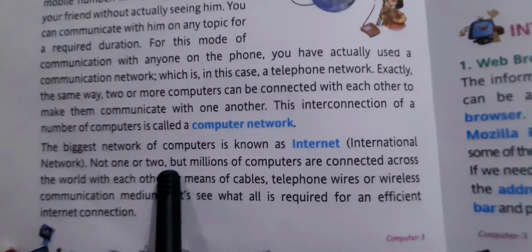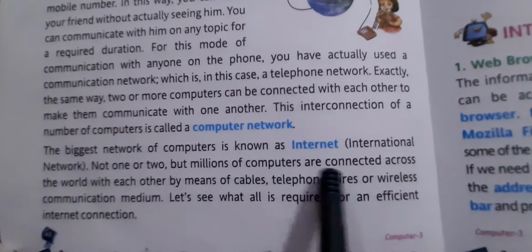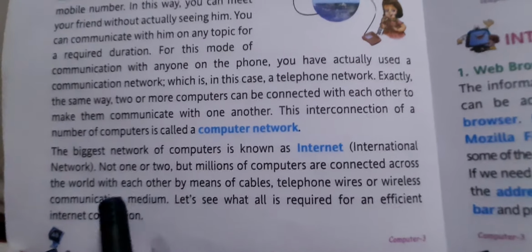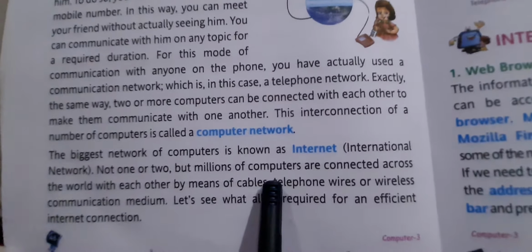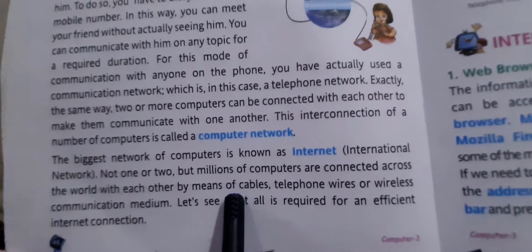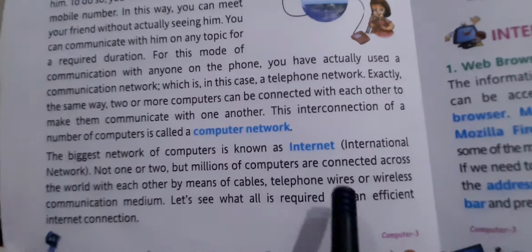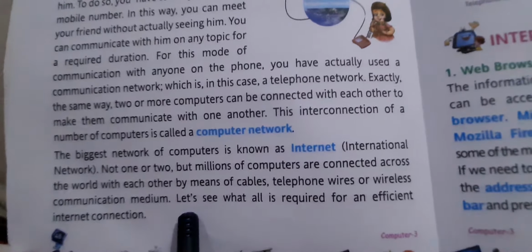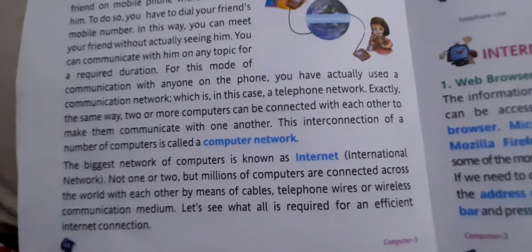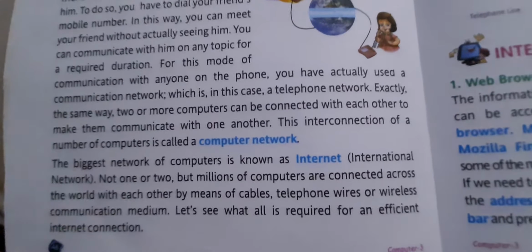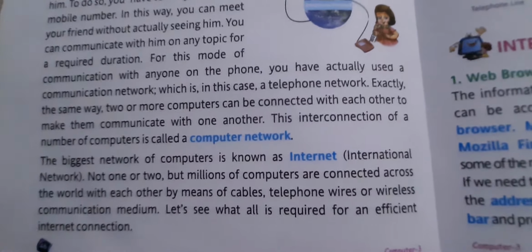Not one or two, but millions of computers are connected across the world with each other by means of cables. How are they connected? Please underline this: by cables, telephone wires, or wireless communication medium. Means they can be connected through cables or telephone wires, or wireless communication medium, means through satellites, etc.